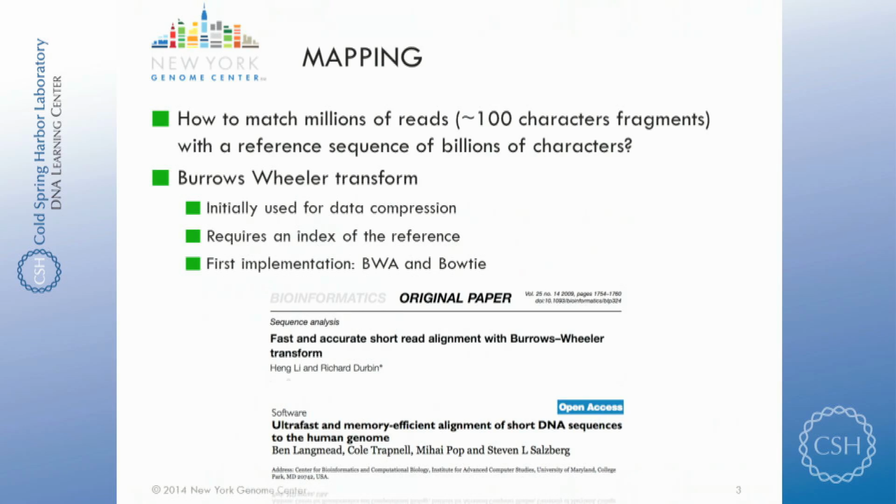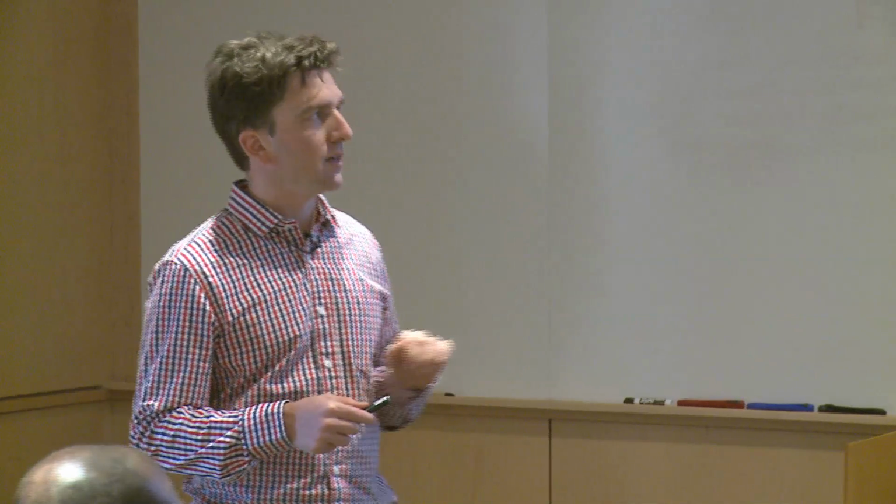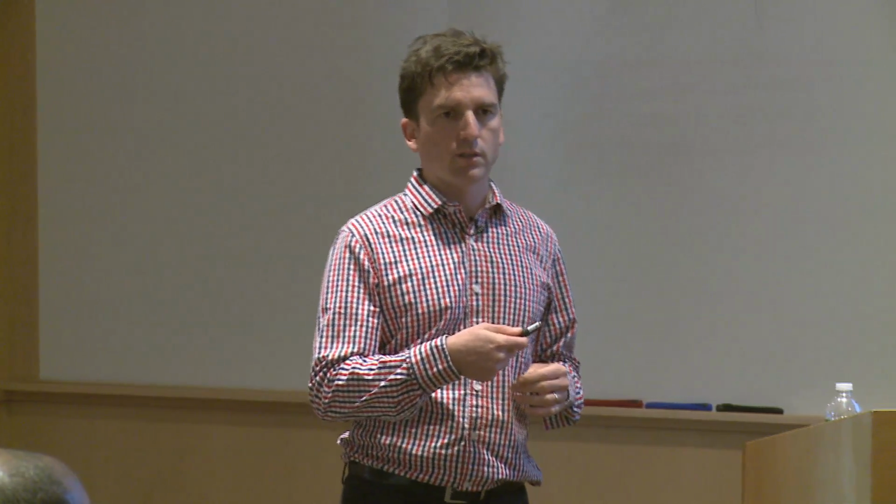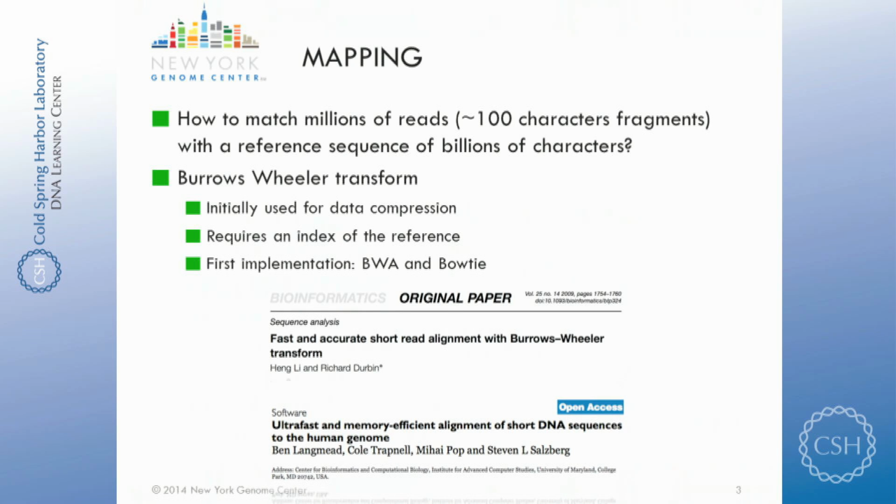But that doesn't apply here, and so in all of your projects here, the first step after sequencing and looking at the FASTQ files is to align the reads. And for that, we need a reference sequence that is good or not so good.